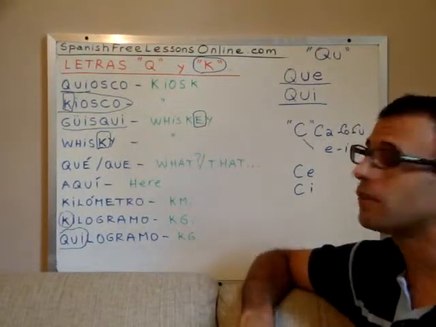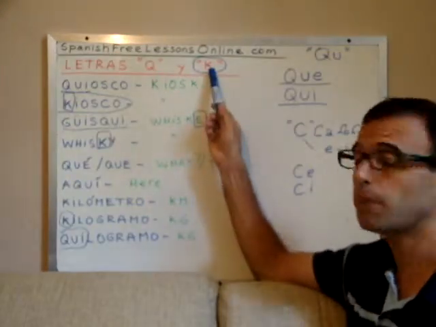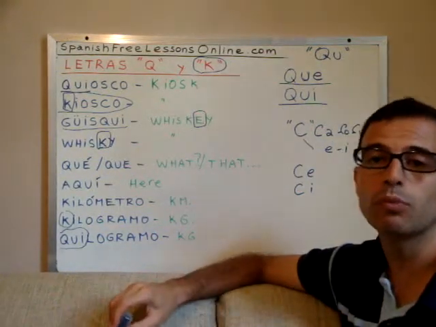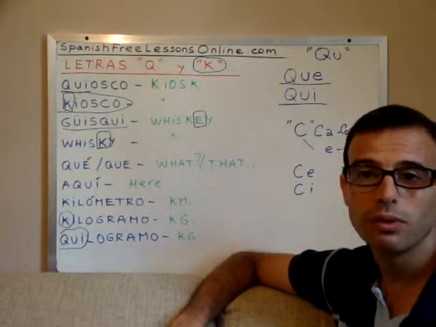However, because of this particular feature of the letter K in Spanish, that it only signals those foreign words, that's why many people argue that this should not even belong to our language.